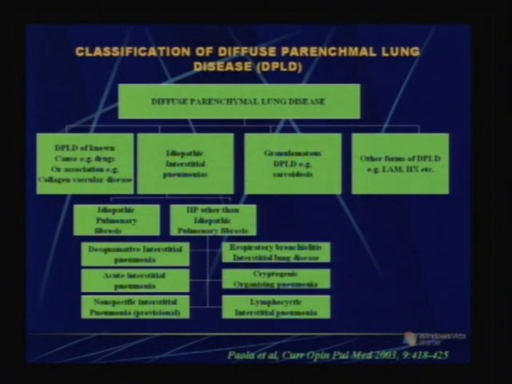In the first category, you have disorders of known causes, that is those caused by drugs or collagen vascular diseases. The diagnosis is quite obvious clinically. What we have to do with imaging is to basically confirm the diagnosis, to see that the radiological features conform with the clinical diagnosis, and you also want to rule out any other obvious possible cause for the disease.